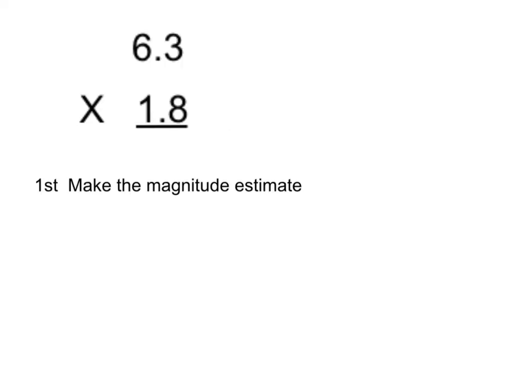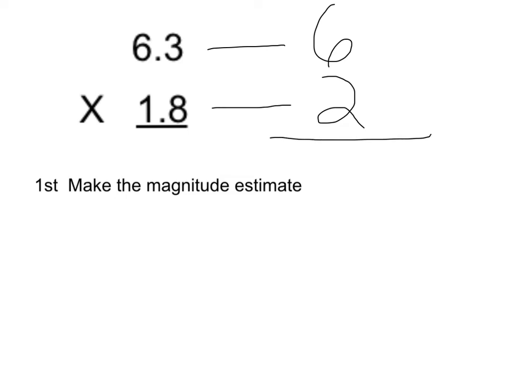As we did with whole numbers, we begin by making a magnitude estimate to get a ballpark answer. 6 3/10 is closest to the whole number 6. 1 8/10 is closest to the whole number of 2. 6 multiplied by 2, the basic fact, gives us a magnitude estimate for this problem of 12.